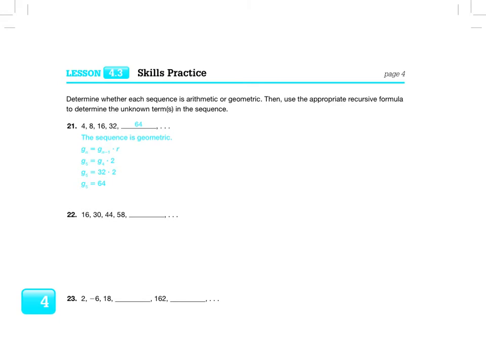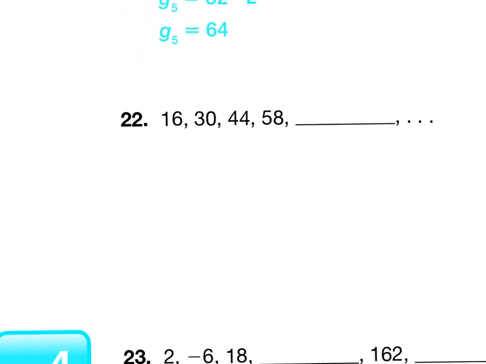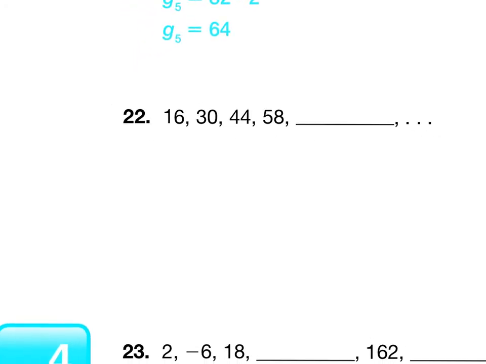determine whether each sequence is arithmetic or geometric. So now you have to figure out what is going on here. One clue that I use is I look at the numbers and see, are they increasing a lot or are they going up evenly? I'm not really sure, so I'm going to try arithmetic first.